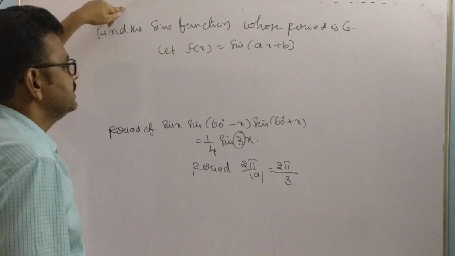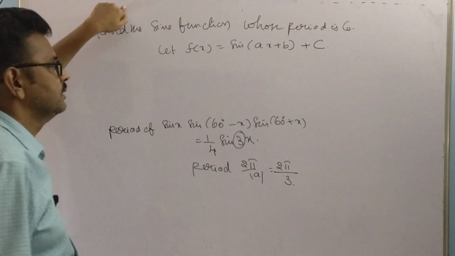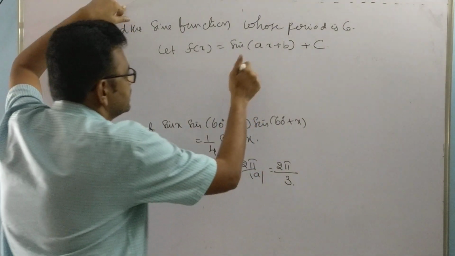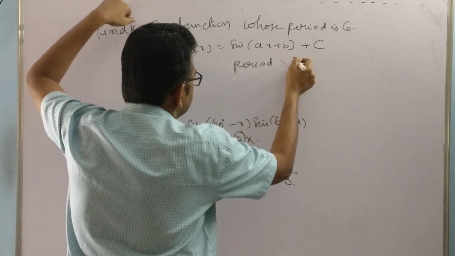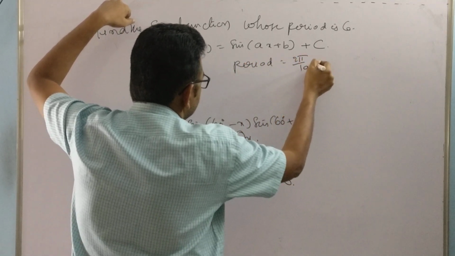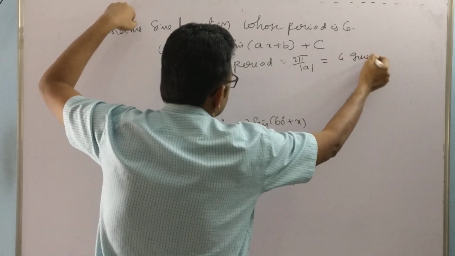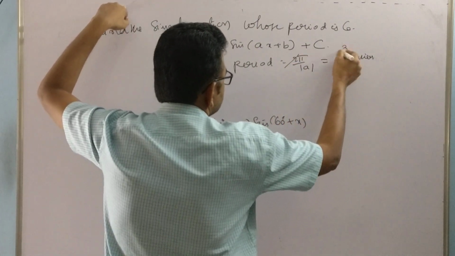Okay, what is the period of this function? The period is equal to 2 pi by mod a, which is equal to the given 6. So the 3 terms get cancelled.